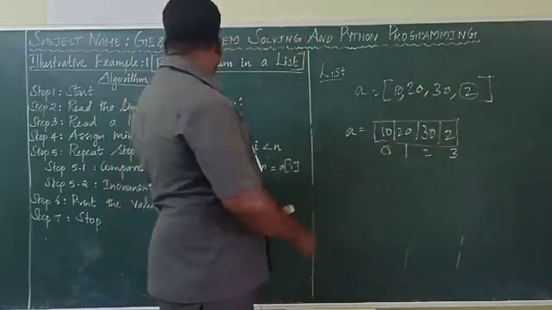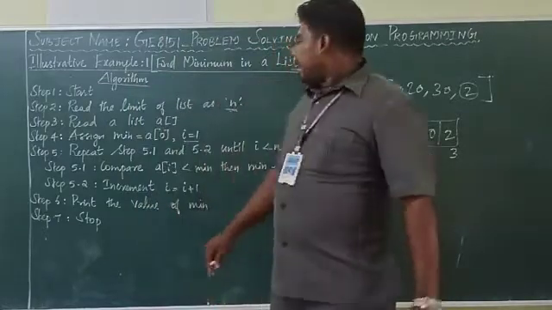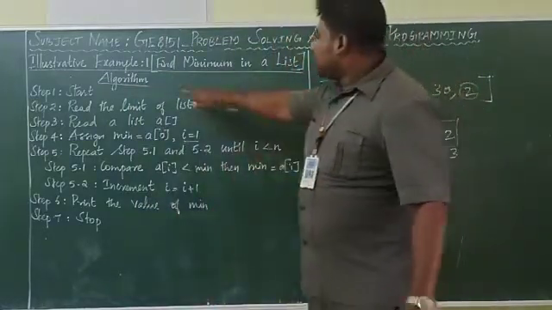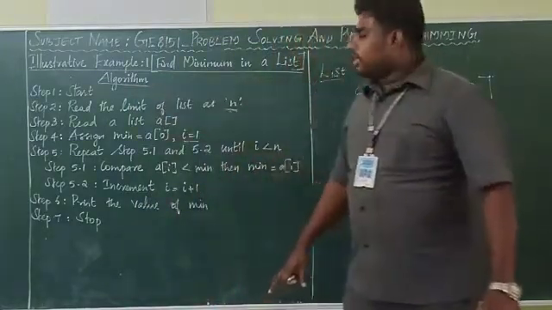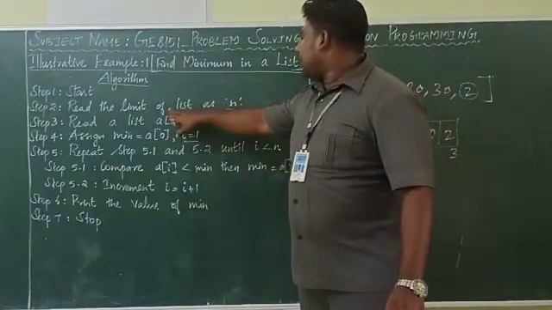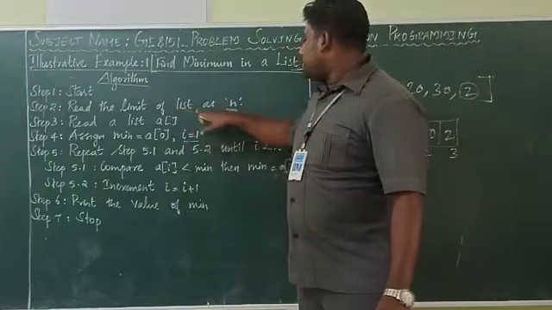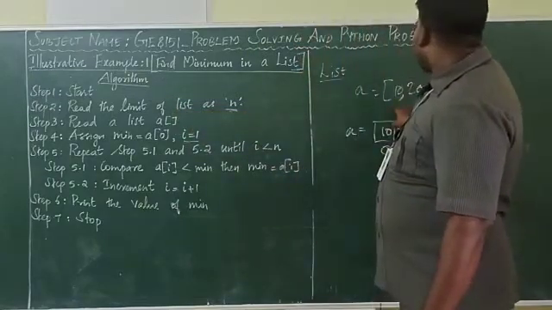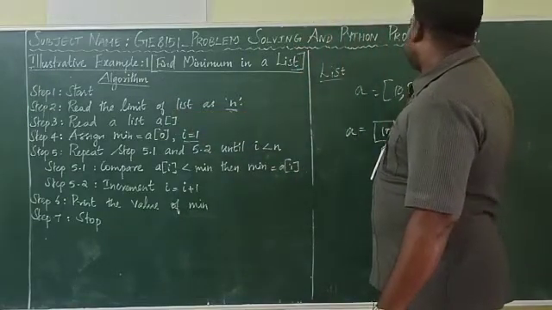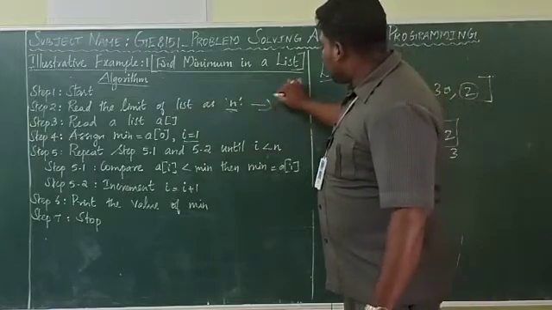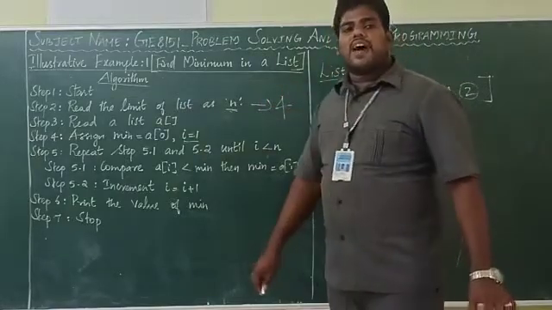So now we can come to the logic. As per what we have seen till now, first start the algorithm, then read the limit of the list as n. For example, here how many values are there? 1, 2, 3, 4. This n is nothing but 4, the number of values in the list.